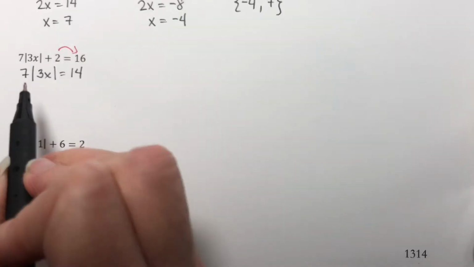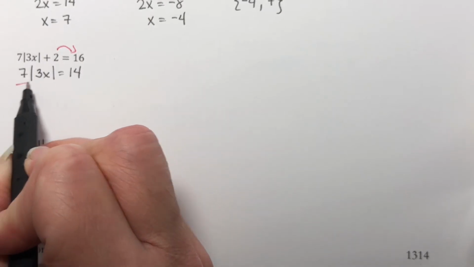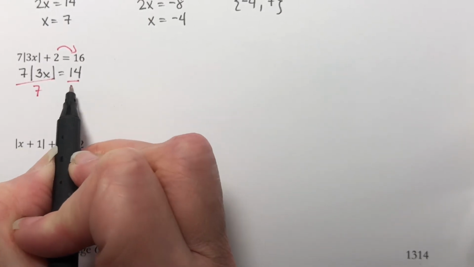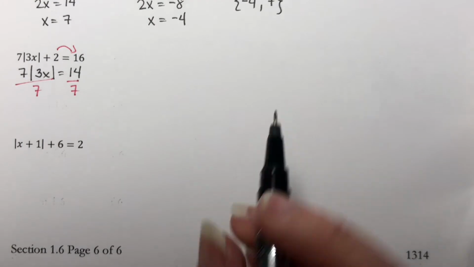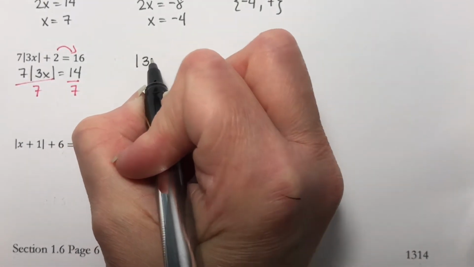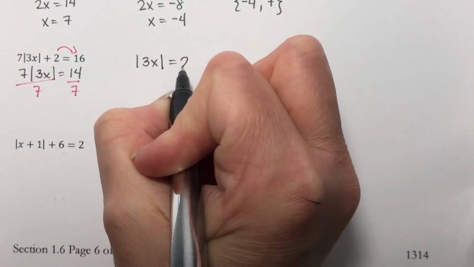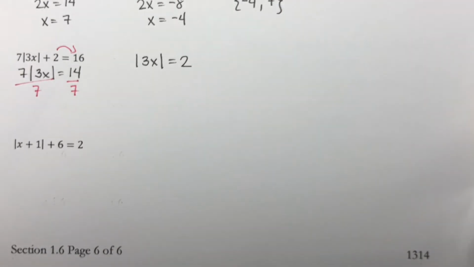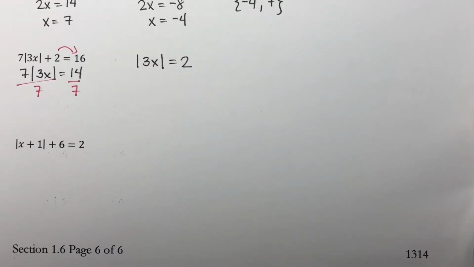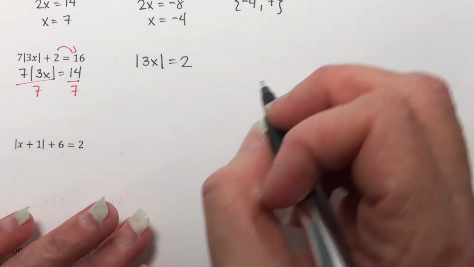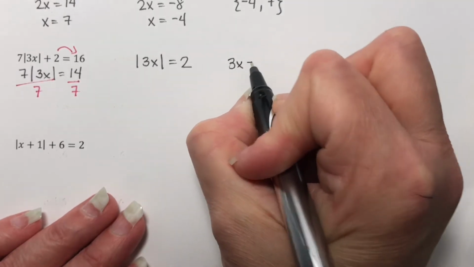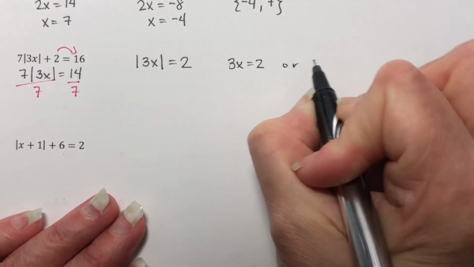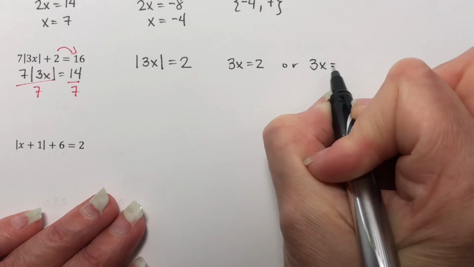Now let's get that 7 away. 7 times the absolute value, so I can divide both sides by 7. And that gives me the absolute value of 3x is equal to 2. Now split this into two problems. I have 3x equals 2 or 3x equals negative 2.